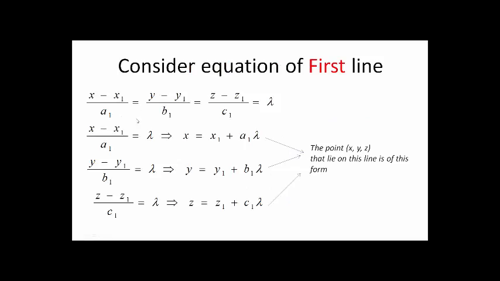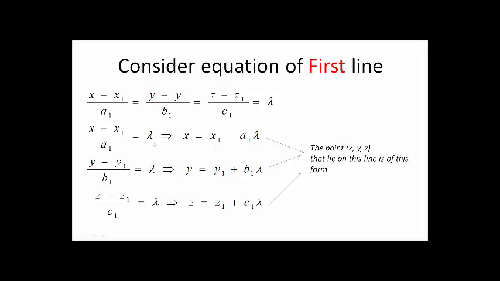Now, consider the equation of the first line: (x minus x1) upon a1 equal to (y minus y1) upon b1 equal to (z minus z1) upon c1, and you equate it to lambda. So the first ratio is equal to lambda, the second ratio is equal to lambda, and the third ratio is equal to lambda.